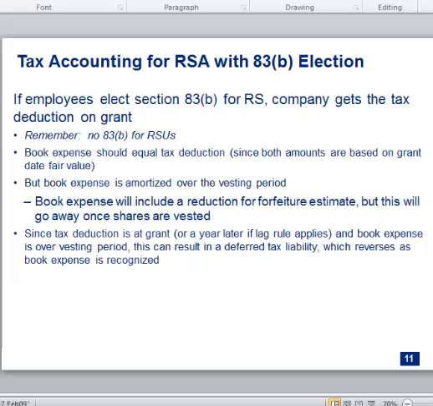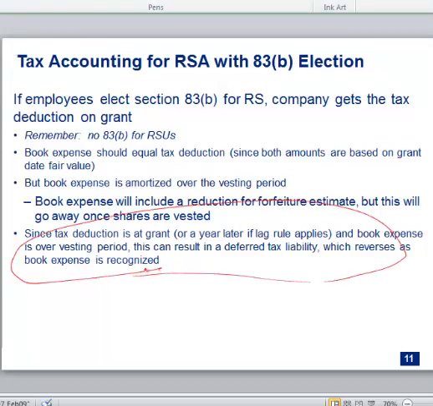So here you can see that in this little section down here, since the deduction is at grant and the book expense is over the vesting period, this actually results in a DTL, which reverses over the period that the book expense happens.